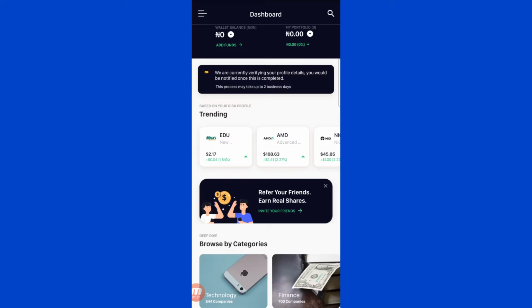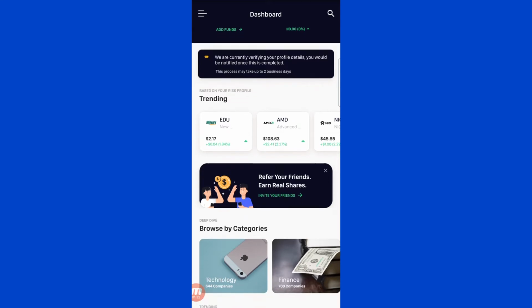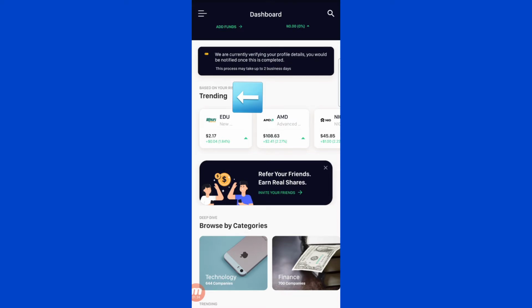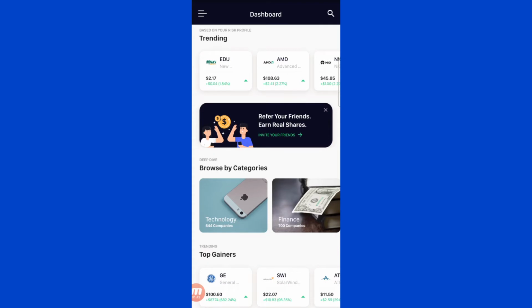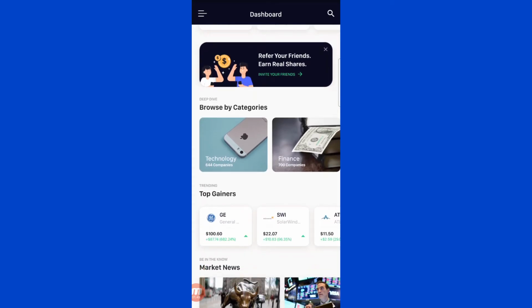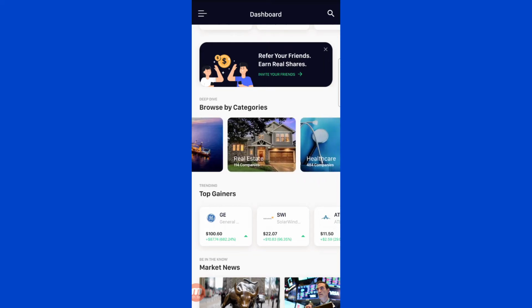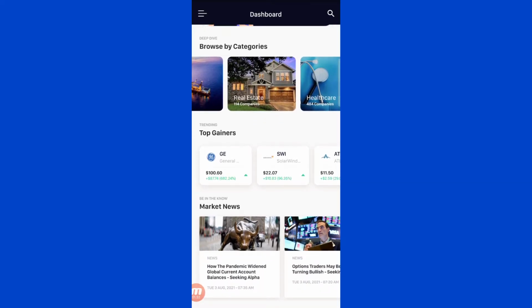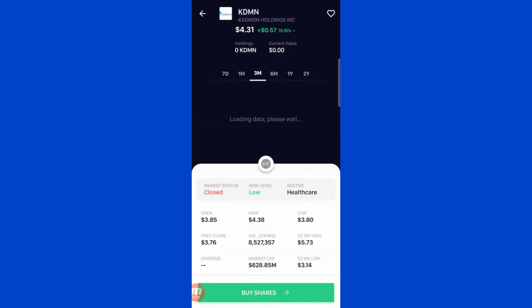And we can definitely just go ahead to fund. But before we do that, let's take a look at the whole landing page. First, we can see trending, and apparently it's based on my risk profile. This is basically what is trending. This is my risk profile. Then you can go ahead to browse by categories: technology, finance, energy, etc. Going further down, you see the top gainers, and I think this is basically the top gainers in the last trading session.